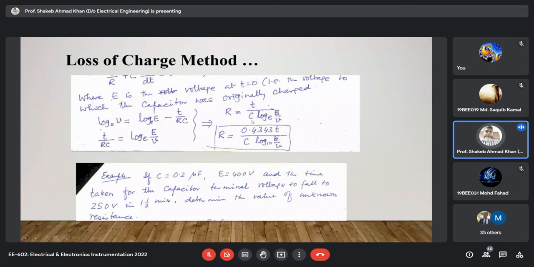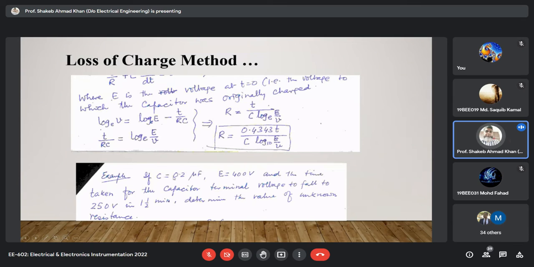This equation can very easily be used for measurement, and if we don't want log base e, then in terms of log base 10, this. Both the equations are the same, the only difference is here it is log base e, and here it is log base 10. Now how this is done, I'll try to explain using this numerical example.